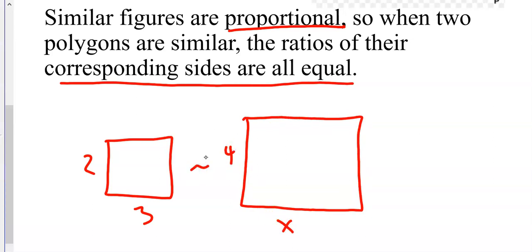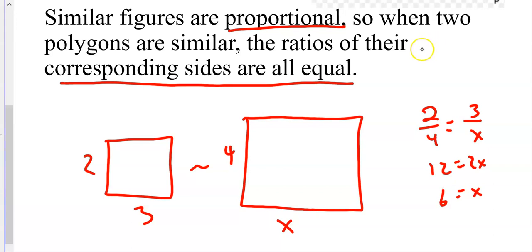So I could set up the ratio of 2:4 as 3:x. And then we can easily just cross multiply and figure out that this side x would be 6. Depends on which direction you would go with that, you would say it's in a 1:2 ratio.